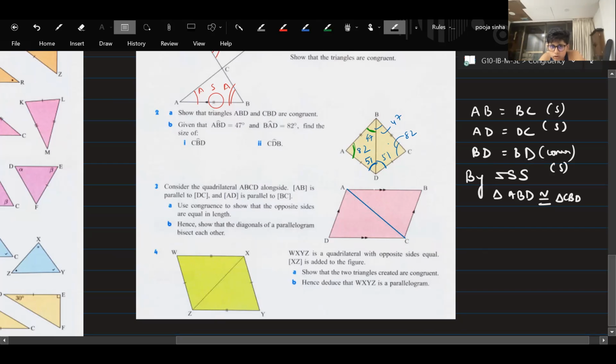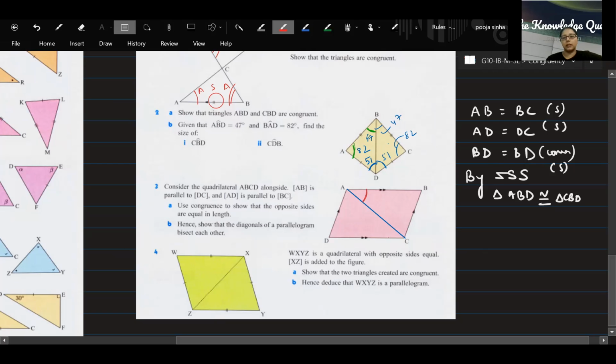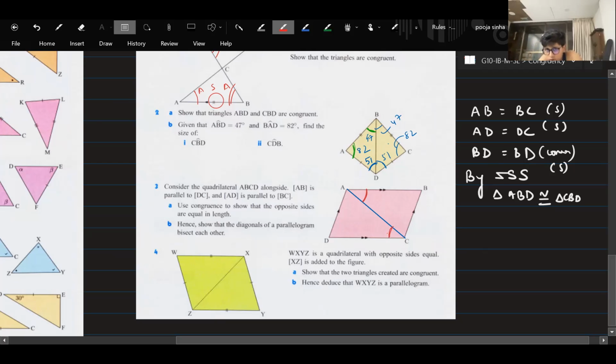And we know that they are parallel, so from parallel we know there is some other rule. Since AB and DC are parallel, this angle BAC is equal to DCA.